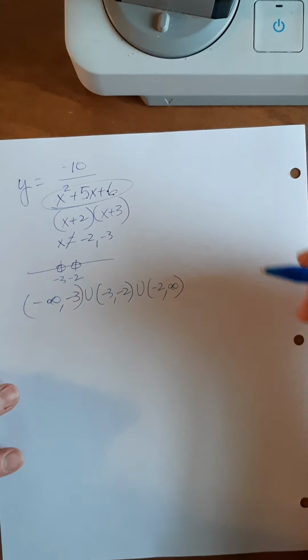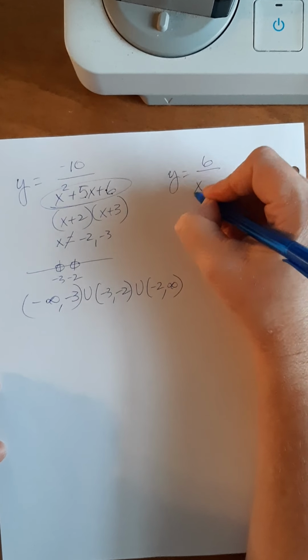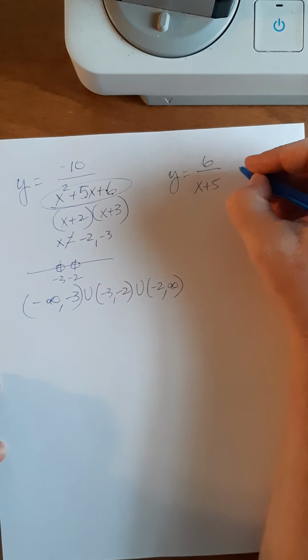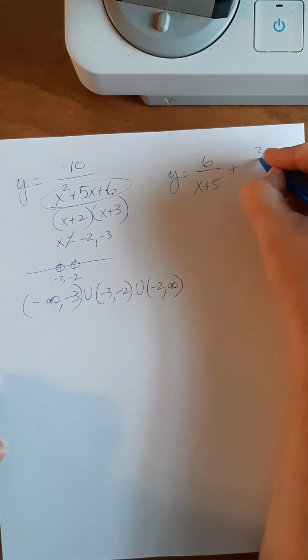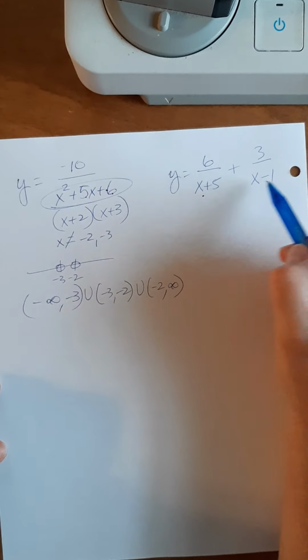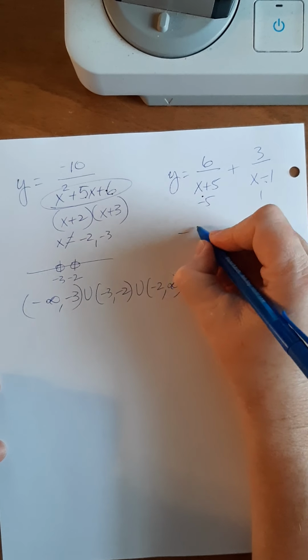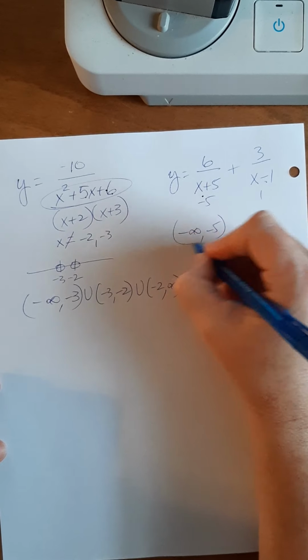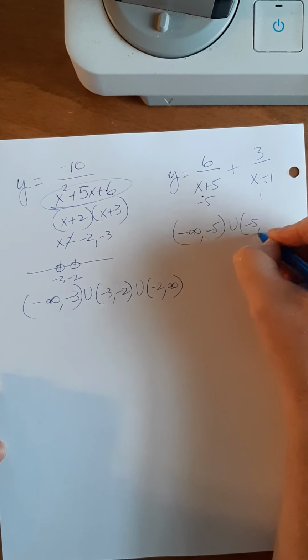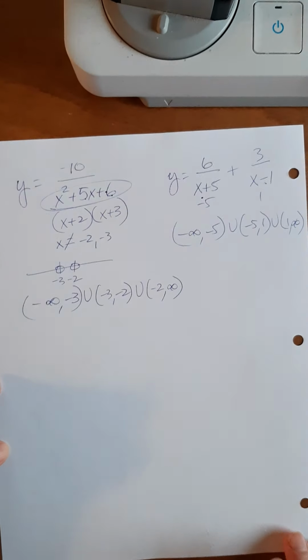They can even already have it factored sometimes, like 6 over x plus 5 and 3 over x minus 1. The two things x can't equal are negative 5 and 1. So negative infinity to negative 5, negative 5 to 1, 1 to infinity.